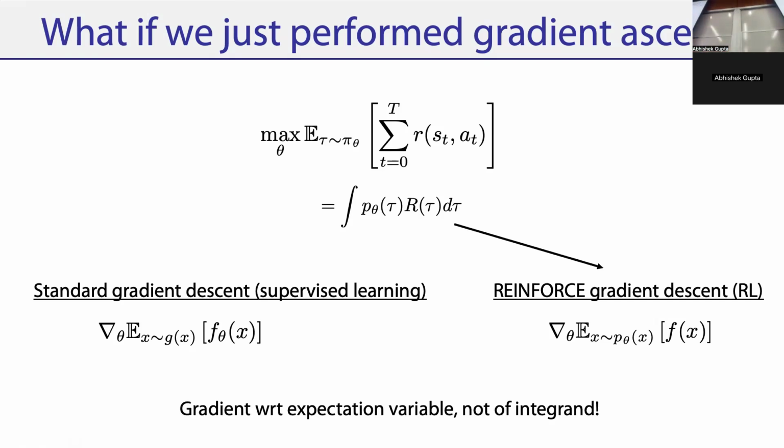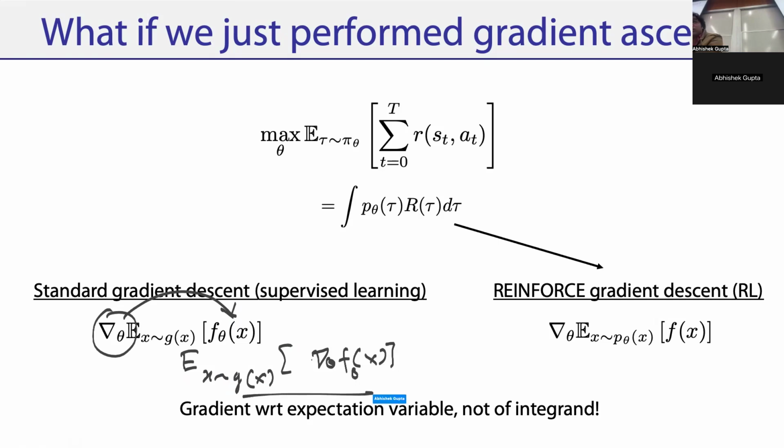Our challenge is that in supervised learning, what we would have done is we would have said, okay, this gradient is just going to go all the way inside. So you're going to get an expectation with respect to g(x) of grad theta f theta of x, right? And you're going to estimate this with samples.